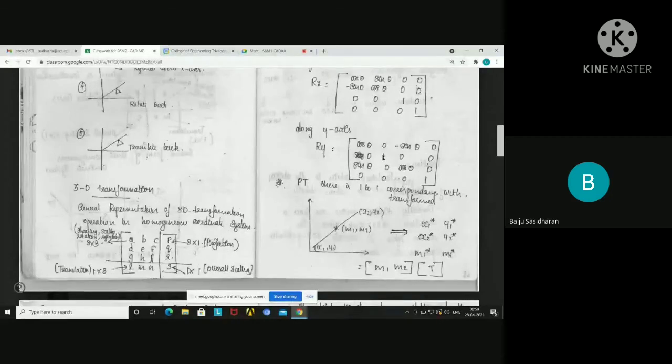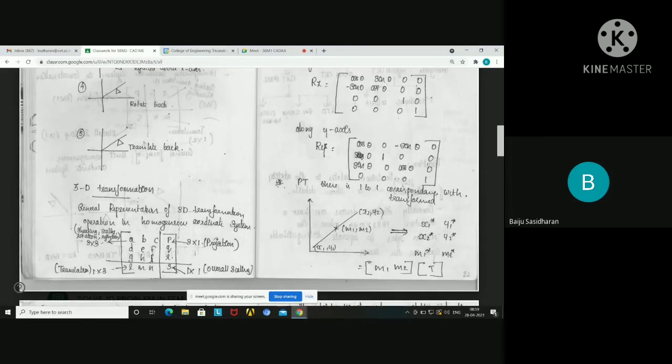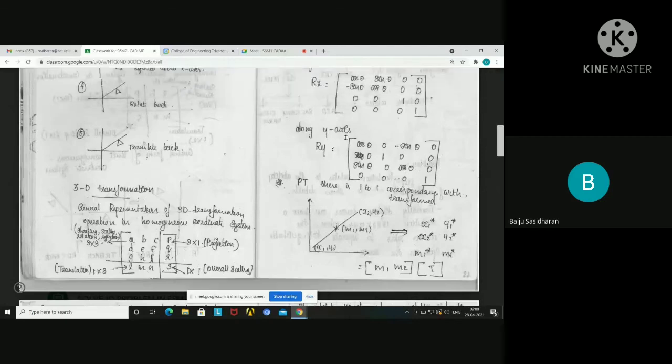Then 0 1 0 0, and here it is cos theta, sin theta, cos theta, 0 0 1, and for rotation about y, this value will be negative. That you have to know. Therefore cos theta, minus sin theta, cos theta. So these are the things. This is the rotation about the y-axis.